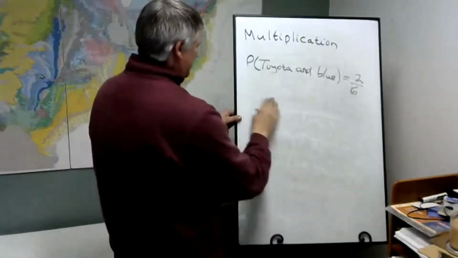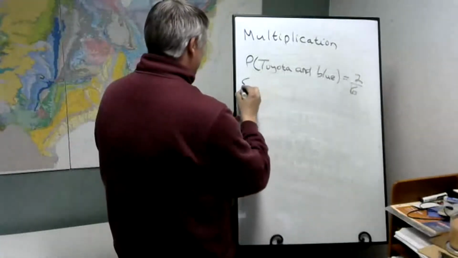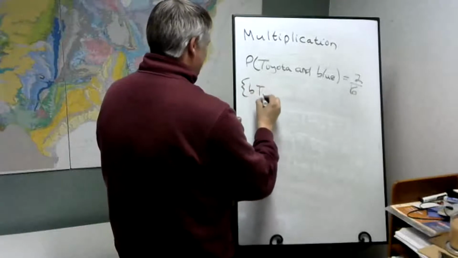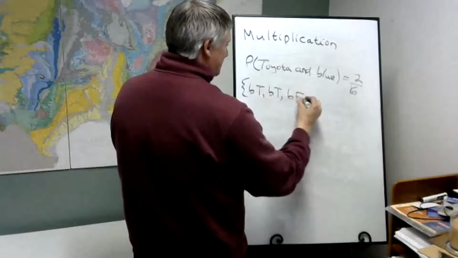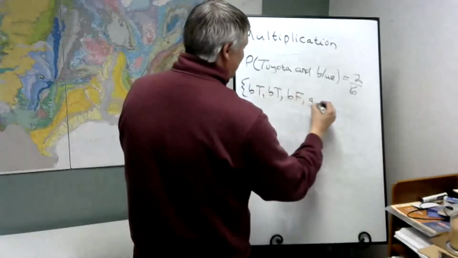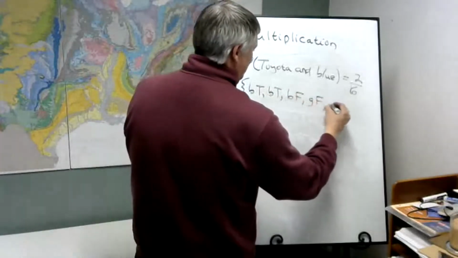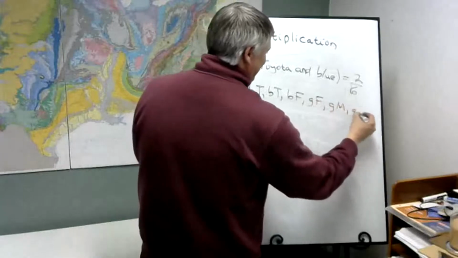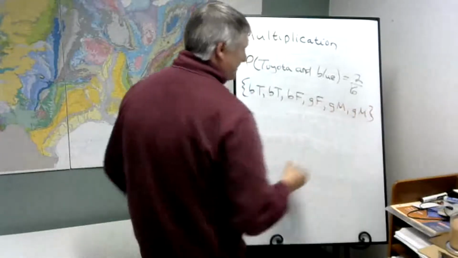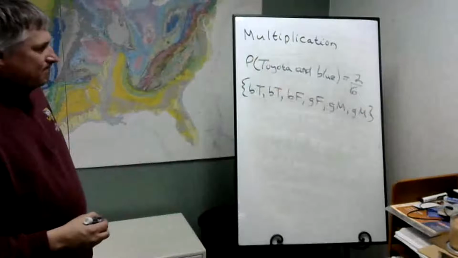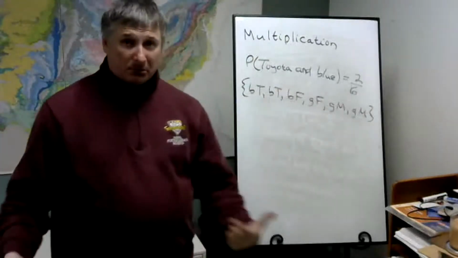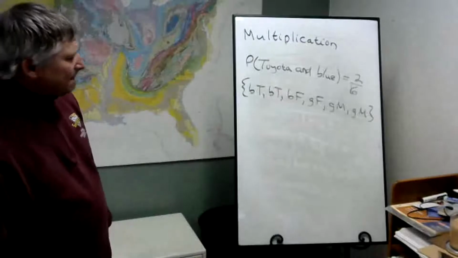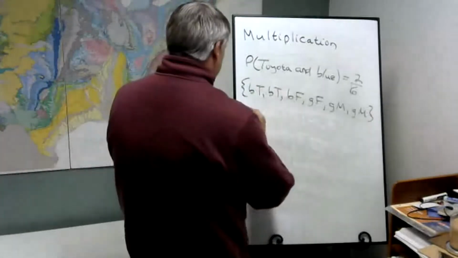And let me put our sample space up here again. If you have it in your notes, you can just look at it in your notes, but I'm just going to write it up here so we can follow along a little better, hopefully. So Toyota and blue. There's only 2 that are both Toyota and blue.